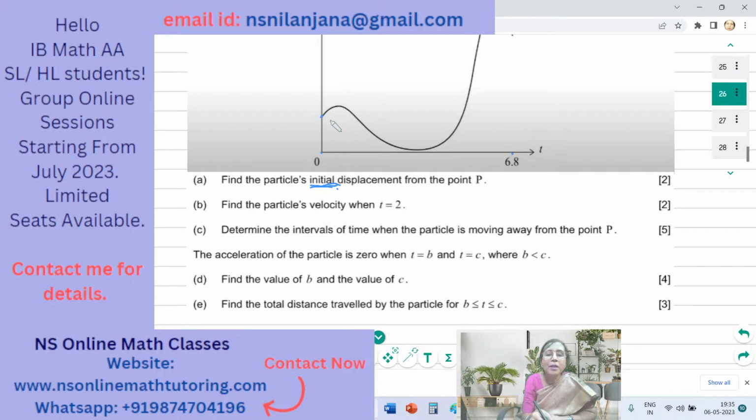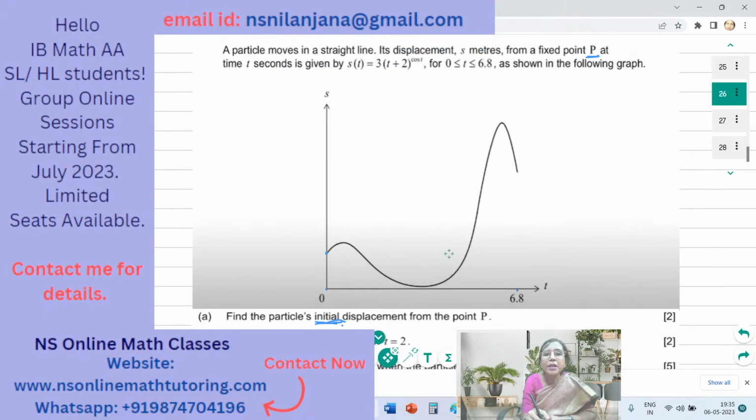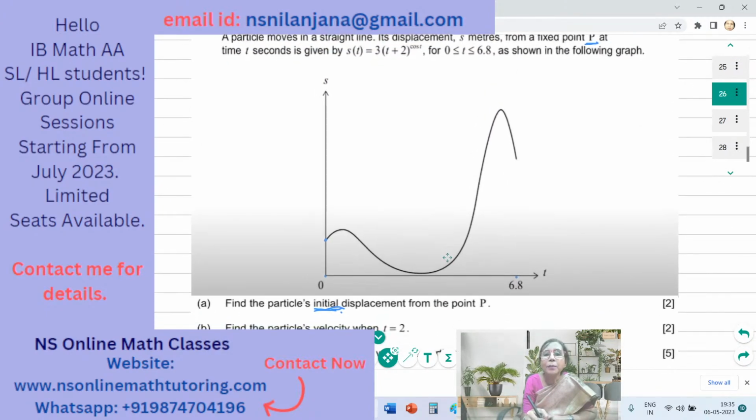The initial displacement is not equal to 0, meaning at time t equal to 0, the particle is not at the point P. Okay? We have to get the displacement from the point P. We have been given the expression of s of t. We will be graphing this.